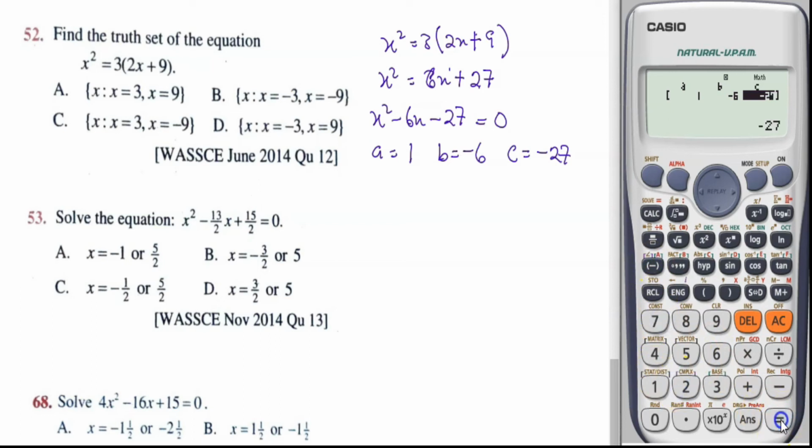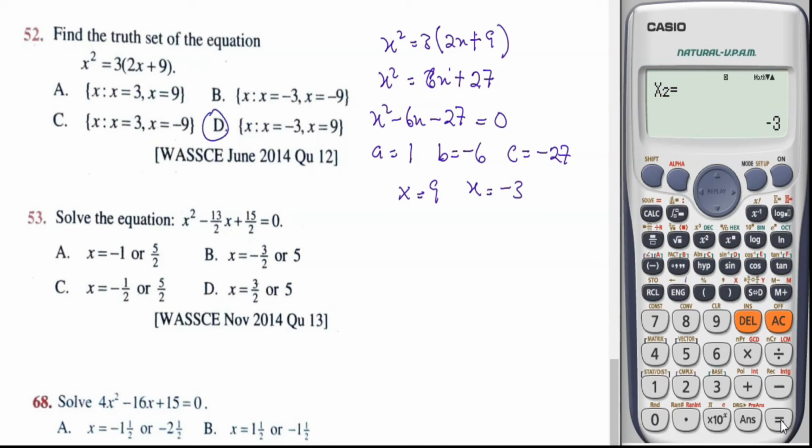Then we press the enter button twice. Then the first solution, we have x equal to 9, and the second solution, x is equal to -3. So it means our true set is x being 9 and x being -3, which is possible answer D.